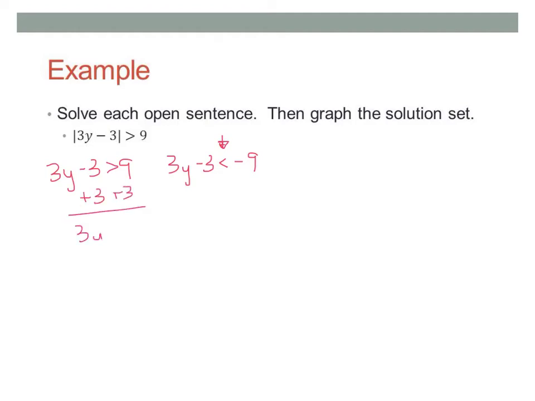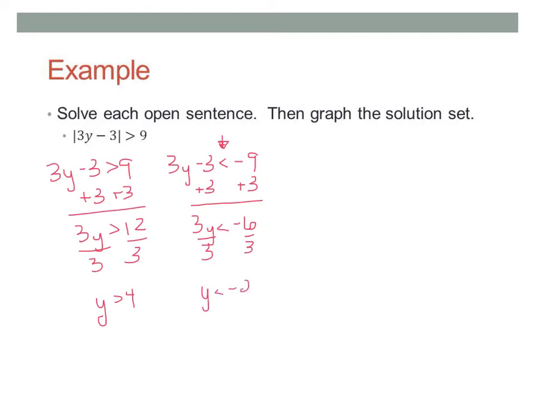All right, so solving these, we get 3y is greater than 12. Divide by 3, y is greater than 4. Solve the other one. 3y is less than -6. Divide by 3, y is less than -2.